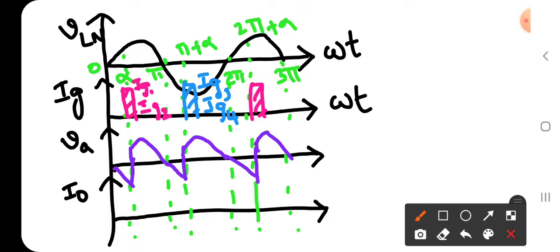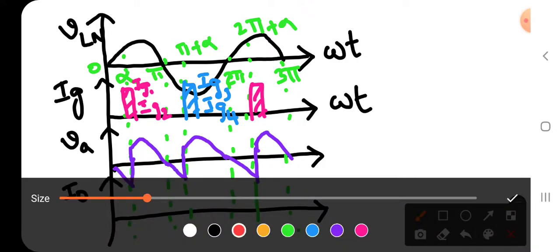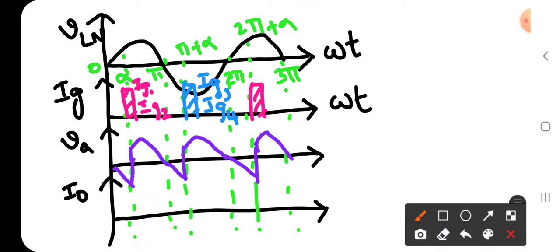Now I am going to draw the output current, to see how it changes. From alpha to pi it increases from 0 to maximum. From pi to pi plus alpha, it decreases from maximum to 0. Next, from pi plus alpha to 2 pi it increases.